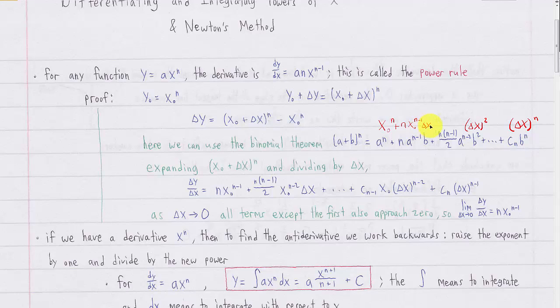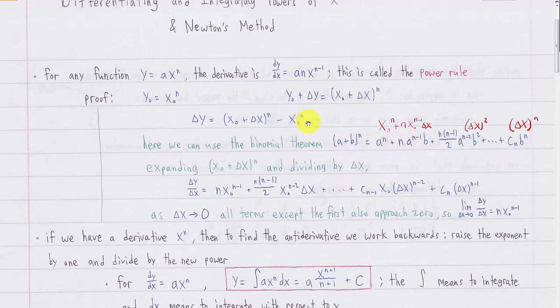Every term after this one will have delta x to some power. This one's delta x squared, then it will be delta x cubed, and so on until we have delta x to the n power. So all of these terms except these two have more than one delta x in them. So that's the important part.